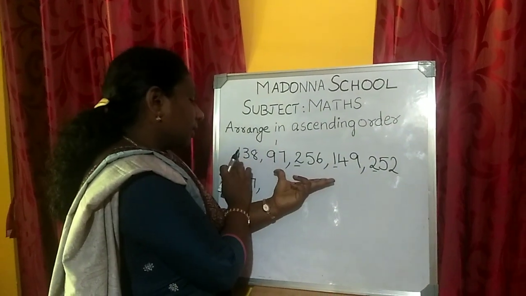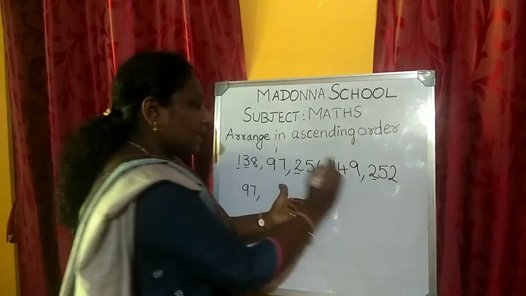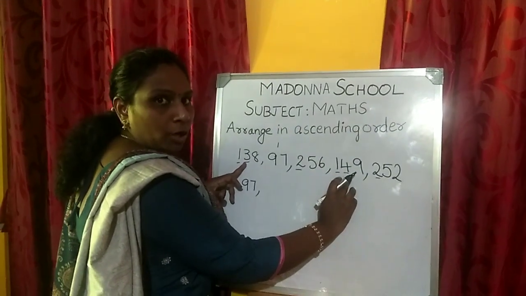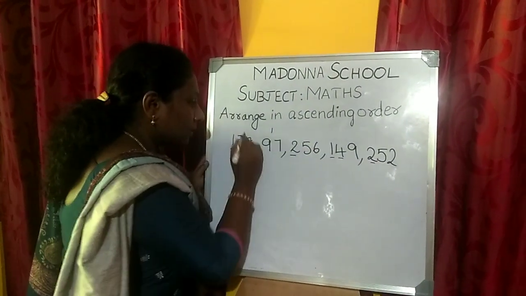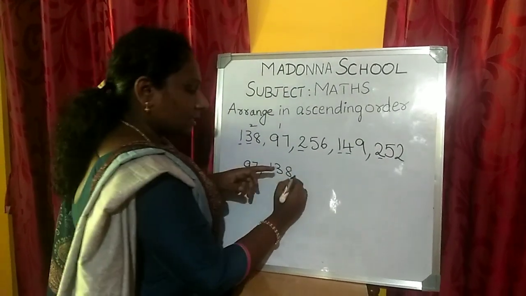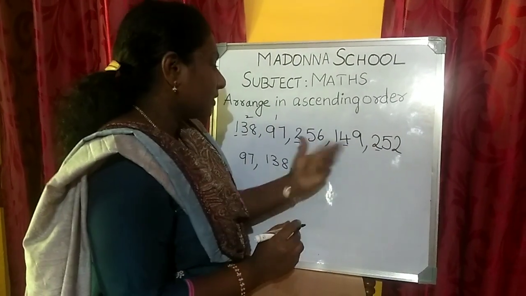Both first digits are the same. So what should you do? You should compare the second digit. Which is smaller, children? 3 is smaller or 4 is smaller? 3 is smaller. So 138 should come in the second place and 149.